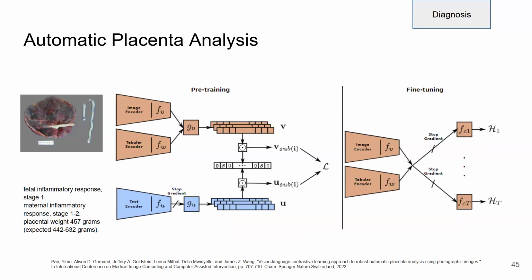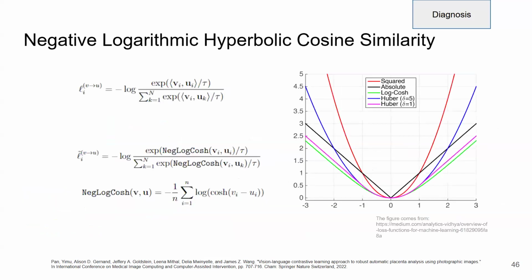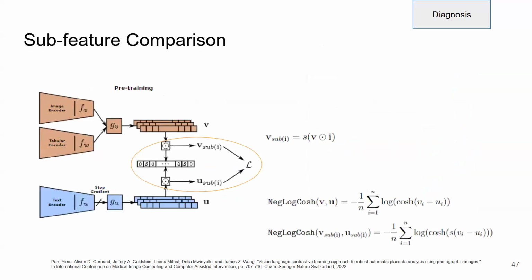So to remove or reduce that effect, what we do is first use a distance function that relies less on the dominant feature. From the graph, it's obvious we choose the one with the lowest reliance on the dominant feature, which is log cosh. Once you have that, another thing we can do is, remember there's a thing called dropout. If you apply dropout, your model is more robust. Here we don't apply dropout.